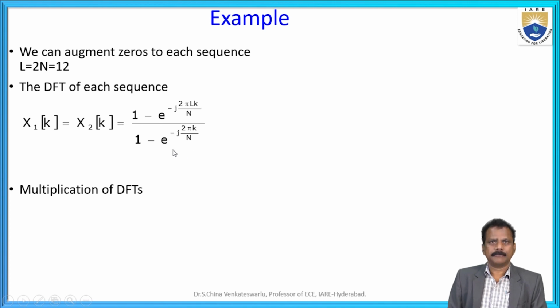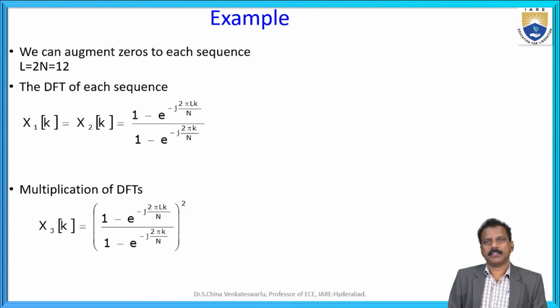After that, we try to verify the multiplication of the discrete Fourier transforms, X3 of k is equal to 1 minus e power minus j 2 pi L into k by N by 1 minus e power minus j 2 pi into k by capital N, where capital N is, you know that capital N value.